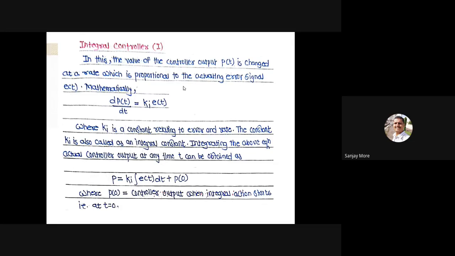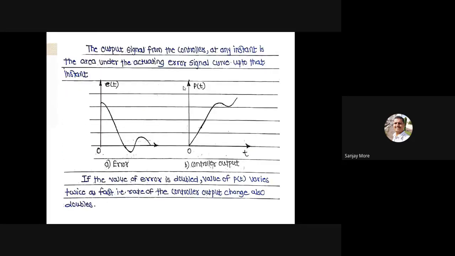Ki means constant of integral. The mathematical equation obtained is P equals Ki times the integration of e(t), the error, dt, plus P0, which means control output at t equal to 0. In this diagram, the first graph will display the error and the second is the control output.